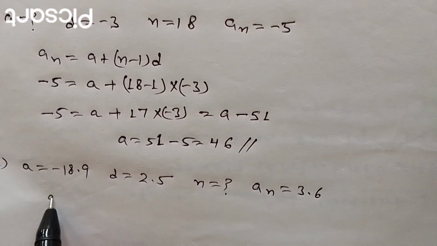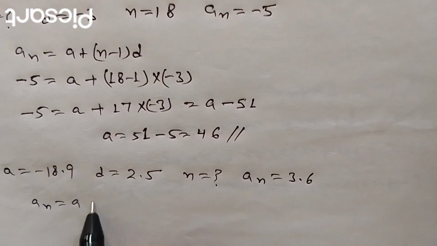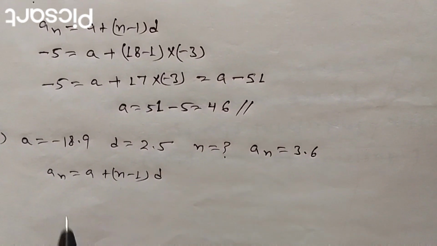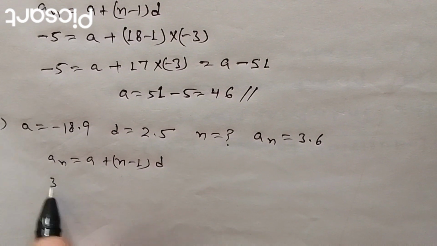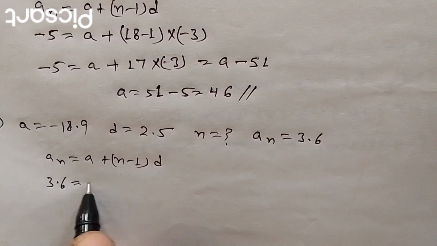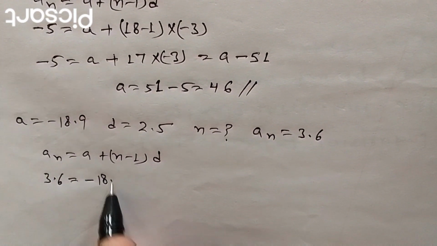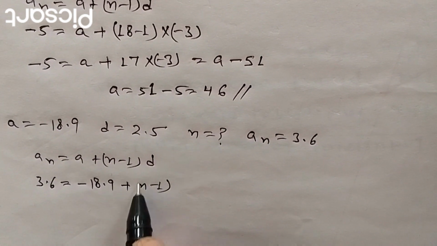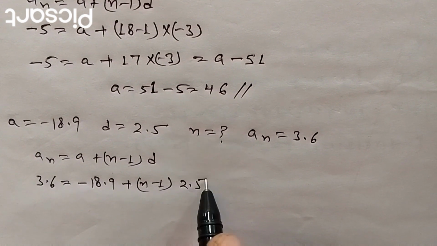The formula now: an is equal to a plus n minus 1 d. So we will put the values: 3.6 is equal to minus 18.9 plus n minus 1 times 2.5, d's value.